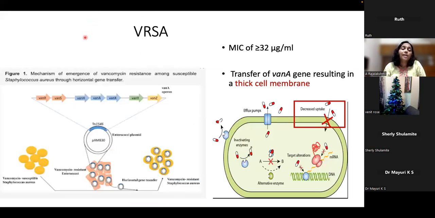So how does VRSA develop? It's surprising that it is actually due to a gene transfer. The transfer of the VAN-A gene from Enterococcus species occurs, resulting in a thick cell membrane of Staph aureus.